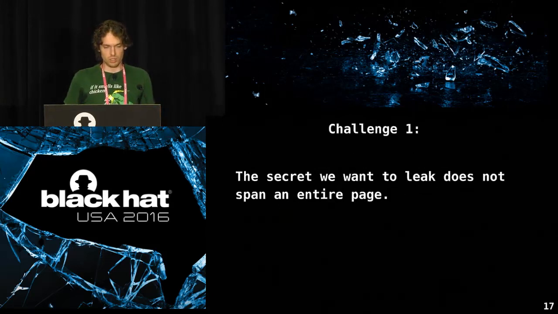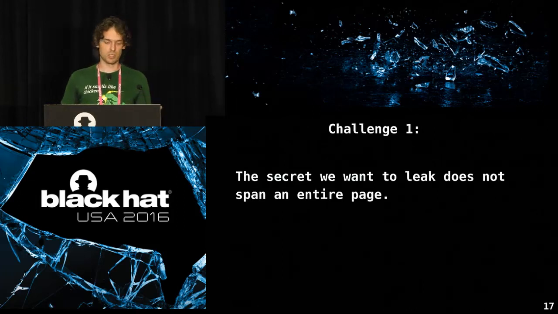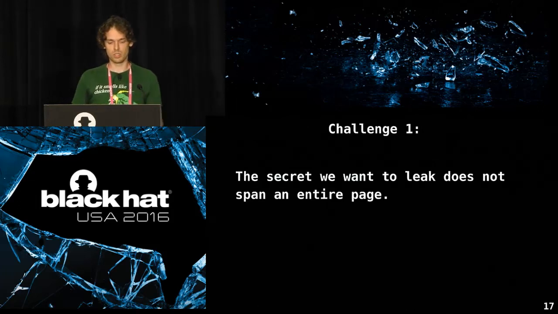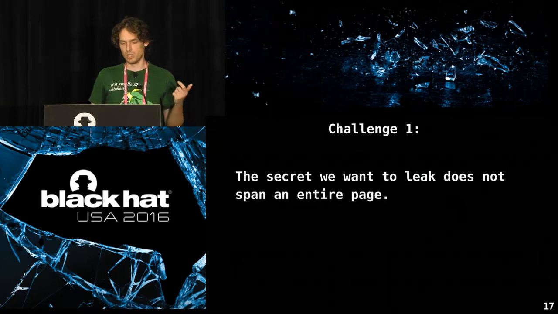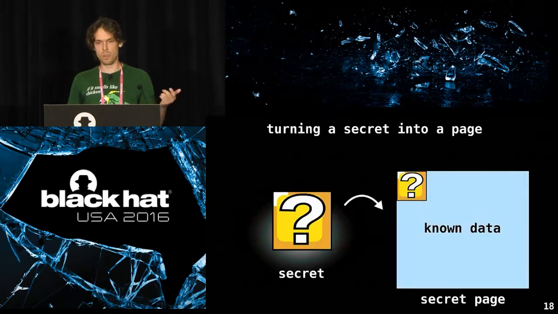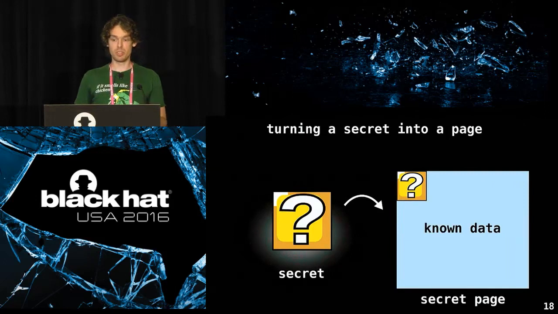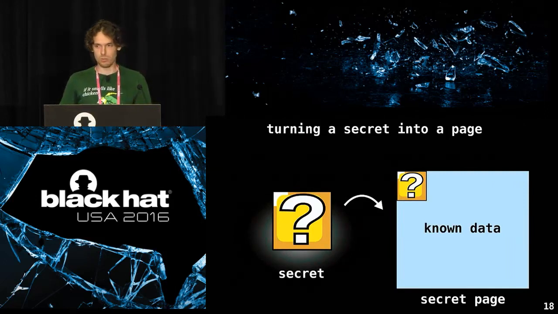The first problem is that the thing we want to leak is not as big as a page. So we need a way to take the secret we want, an ASLR pointer, and make the system create a page which contains all known data except for the secret.